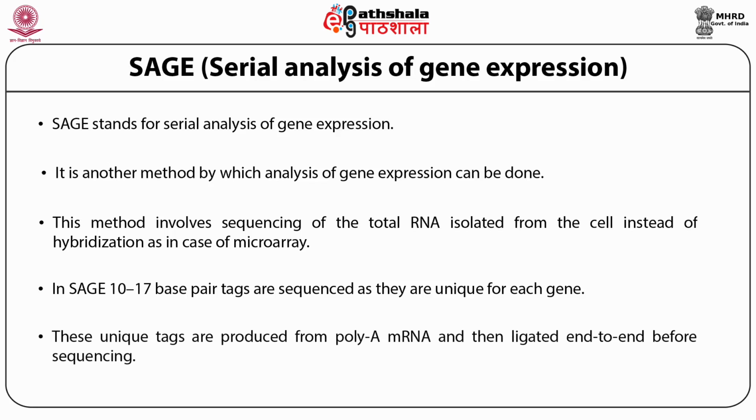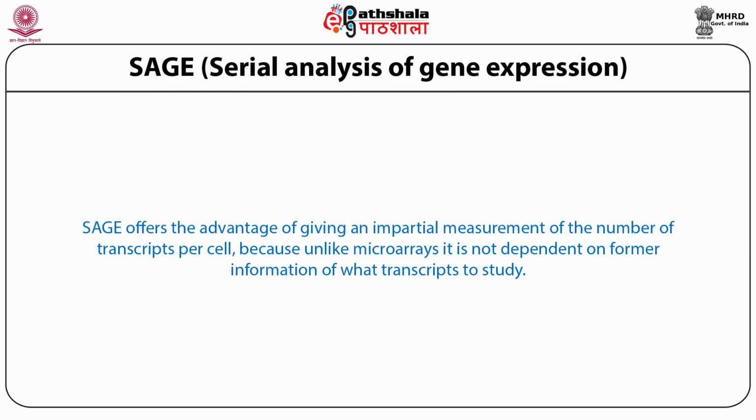These unique tags are produced from poly-A mRNA and then ligated end-to-end before sequencing. SAGE offers the advantage of giving an impartial measurement of the number of transcripts per cell because, unlike microarray, it is not dependent on former information of what transcripts to study.